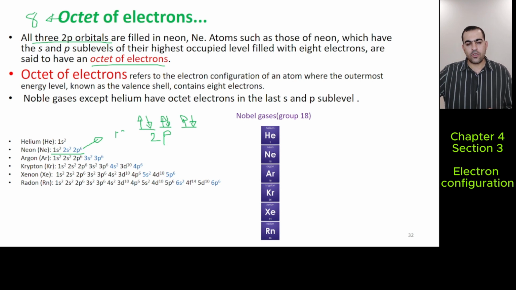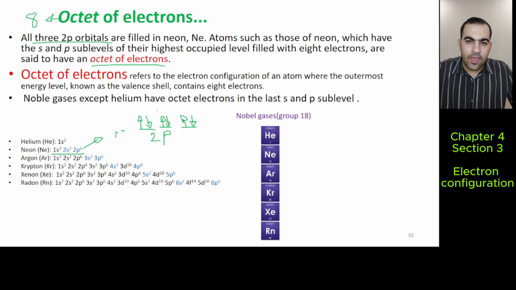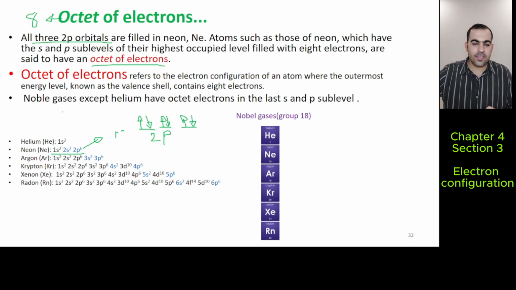Octet of electrons here refers to the electron configuration of an atom where the outermost energy level, known as the valence shell, contains 8 electrons. So which elements have 8 electrons in the outermost shell, with their last s and p filled? Noble gases except helium.